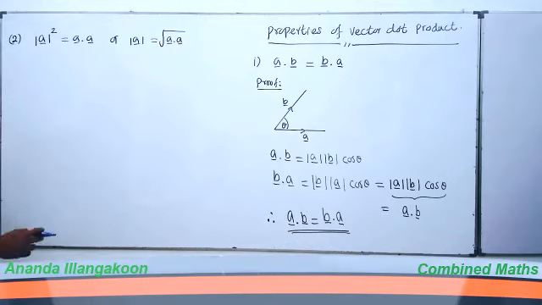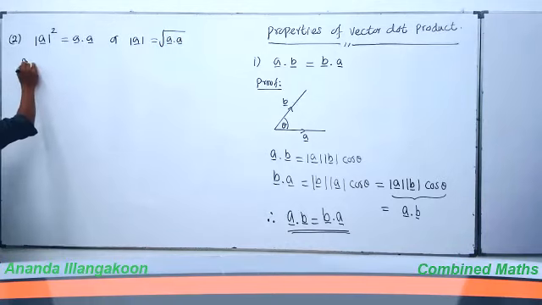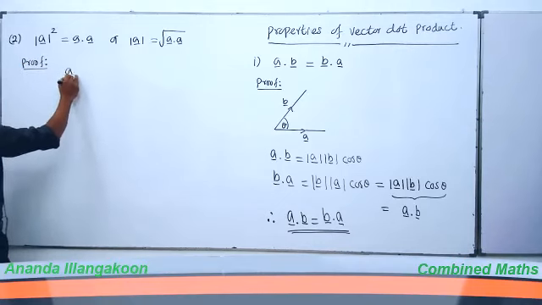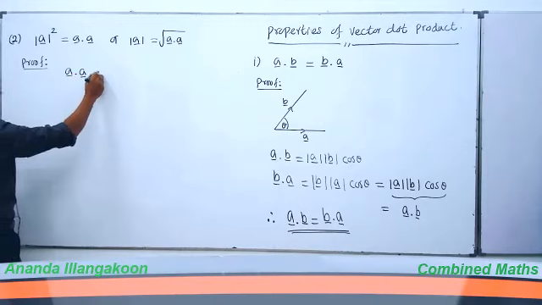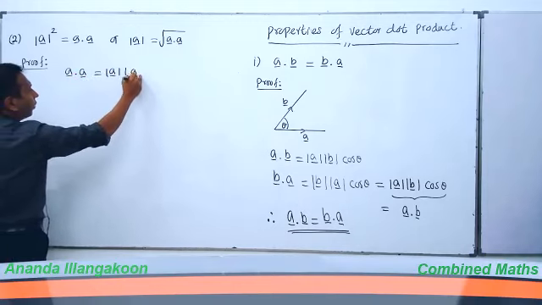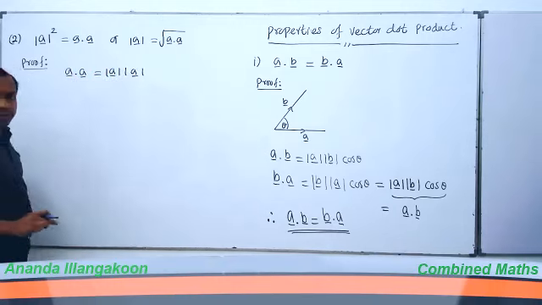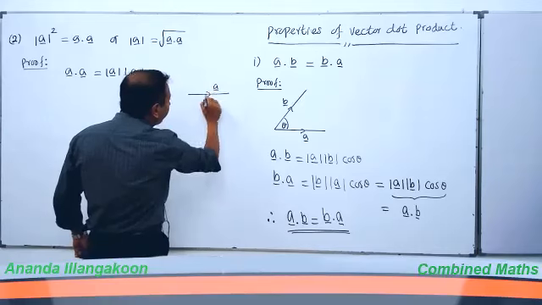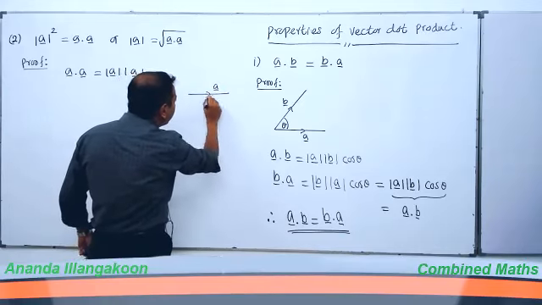Okay. This is also a very simple proof, people. A dot A is equal to mod A, again mod A, cos of the angle. People, between A and A, what is the angle? This is A. I draw another A on the same thing.